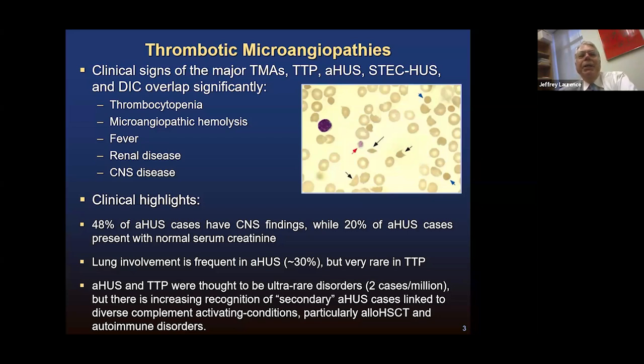There's increasing recognition of so-called secondary complement-driven thrombotic microangiopathies linked to infections, to allo stem cell transplants, renal transplants, autoimmune disorders, particularly lupus, that raises the issue much more. In fact, in our hospital, I would say we probably see about 4 or 5 TTP cases a year, probably 8 to 10 classic atypical HUS cases, probably even more.